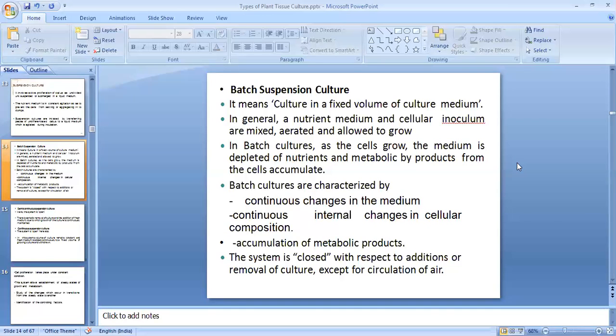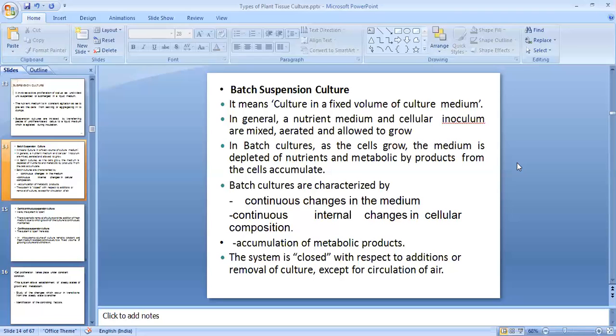Or if it is meant for the production of secondary metabolites, the secondary metabolites can be removed by filtration and then fresh subculturing can be done. In general, the nutrient medium and cellular inoculum are mixed, aerated and allowed to grow in a fixed volume of culture medium.